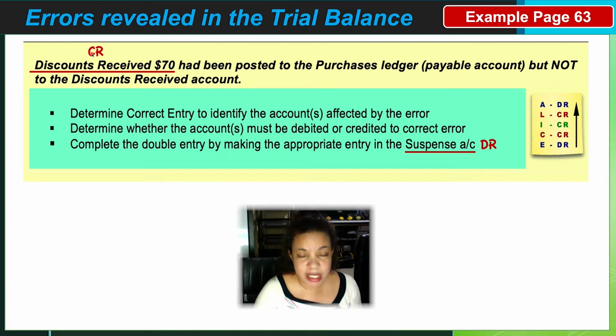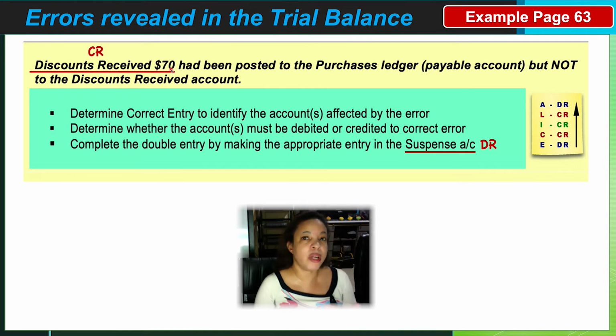So which means that your trial balance would have been less on the credit side, which means that you would have opened a suspense account for the credit side, $70. So on the credit side of your suspense account, you would have $70 that you don't know what the error was.